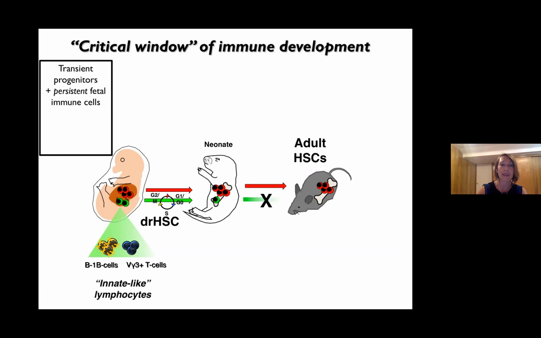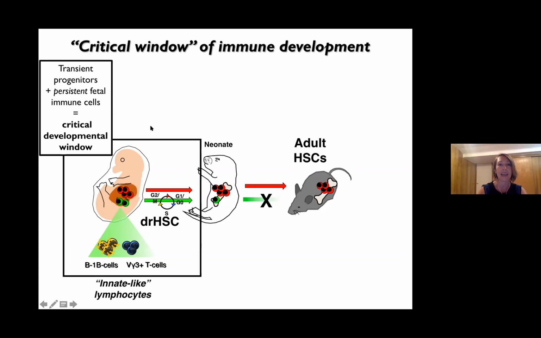We think of this now as a critical developmental window for establishment of the adult immune system. And a critical developmental window refers to the idea that the phenotype of the adult immune system can be shaped by intrinsic or extrinsic inputs during this critical period.